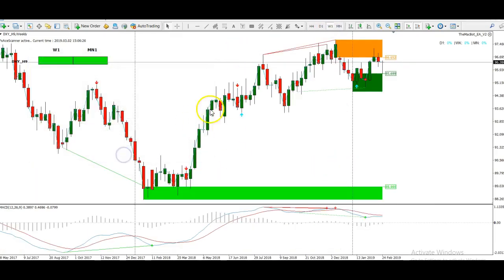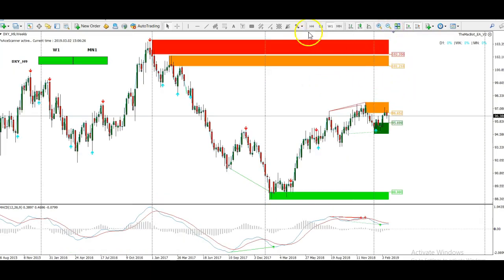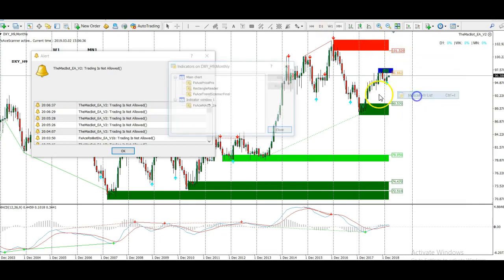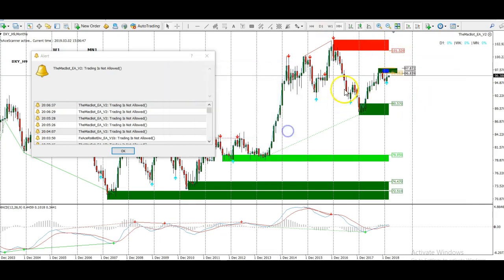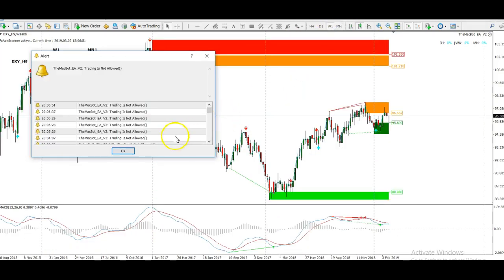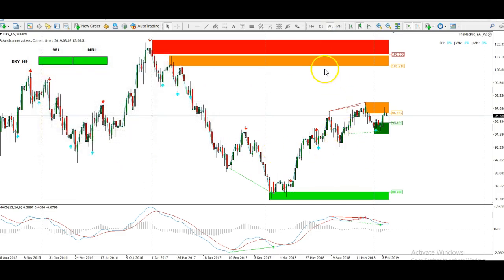So we'll just zoom out here, and make sure it's highlighted. We'll see that in the weekly. I'm going to see a new zone created here. This is the zone in charge here.